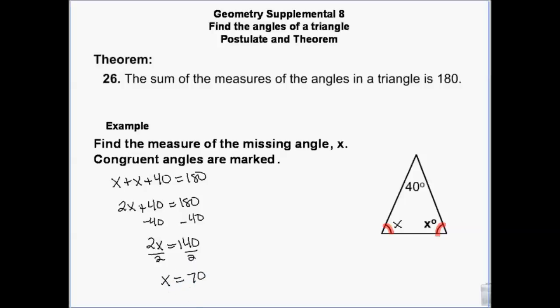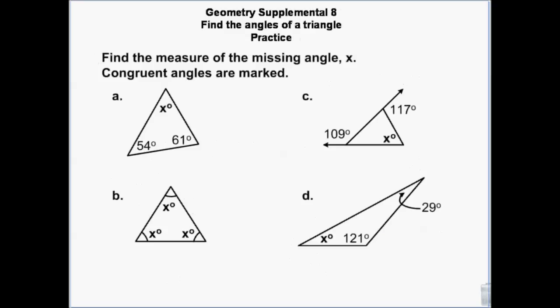The other way you can do this, if you don't want to throw the algebra in there, you can see that you have two angles that are the same. The whole triangle is 180, so I can take the 180, I can take away the 40, and that gives me 140 left to be split between two angles, so there's 70 each. Any questions? Okay, triangles add up to 180. Congruent angles are marked.